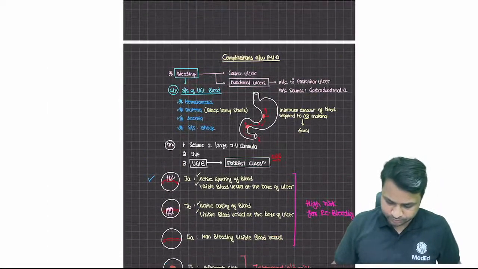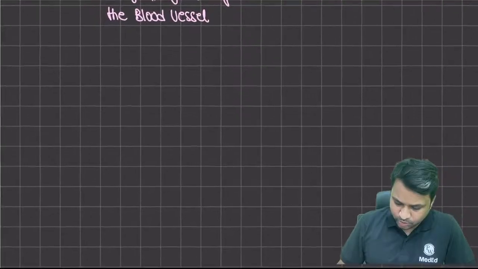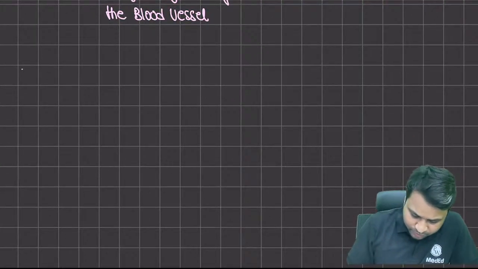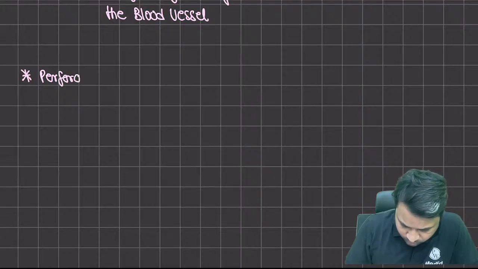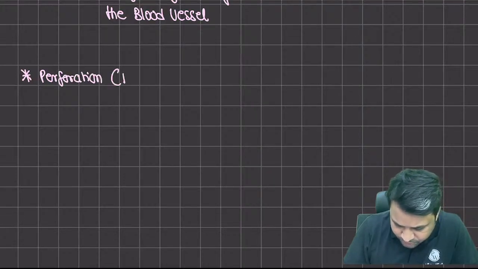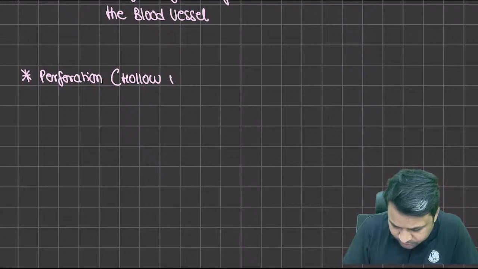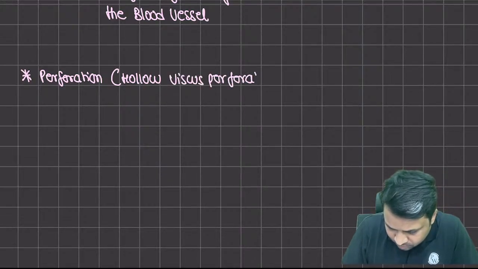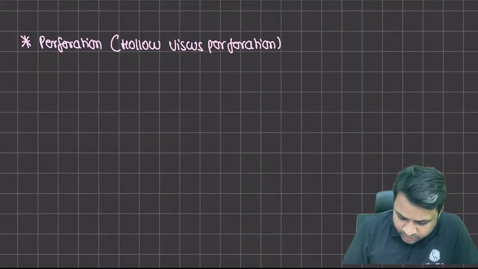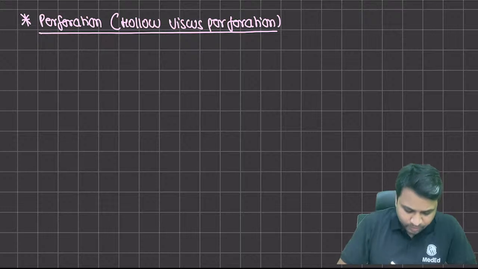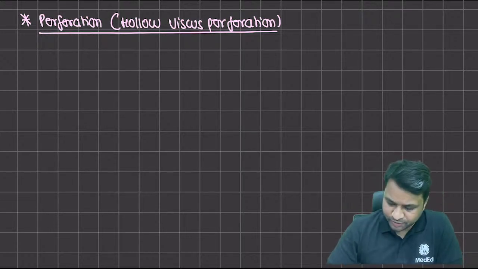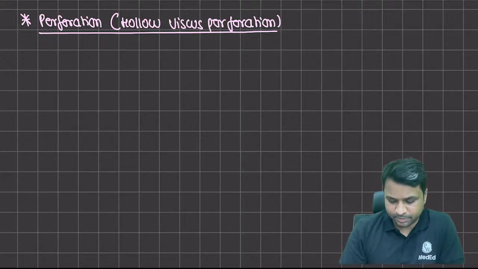The next complication is going to be perforation. The second complication that you're going to encounter is perforation, and this is also called hollow viscus perforation. Now, if there is a hollow viscus perforation, how would a patient present to you? Usually it is the duodenal ulcers that perforate.